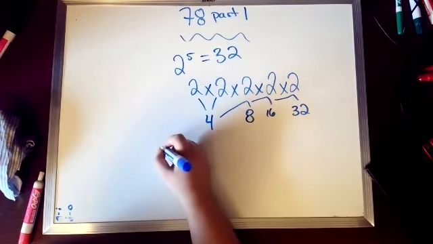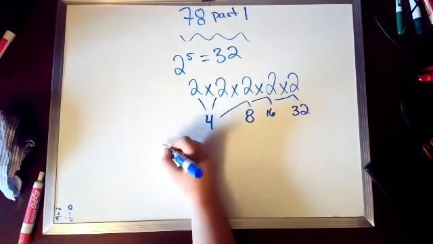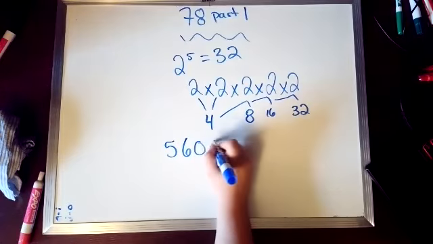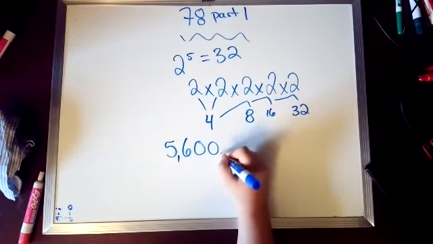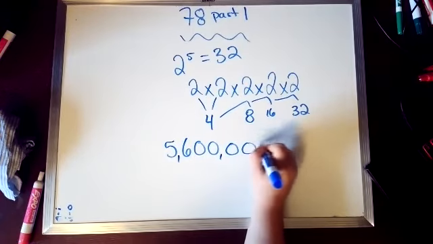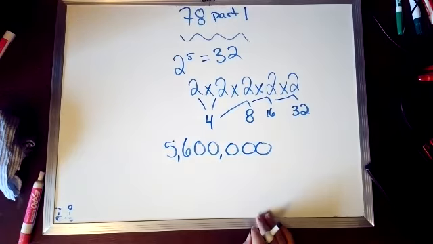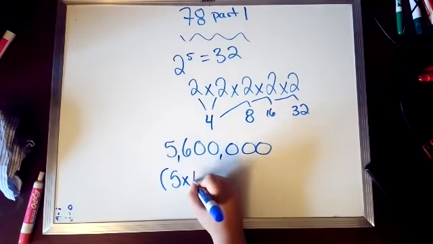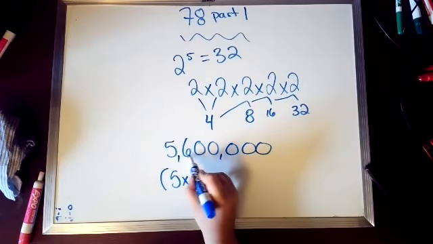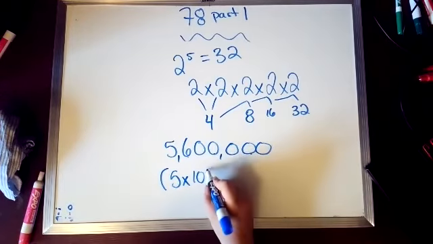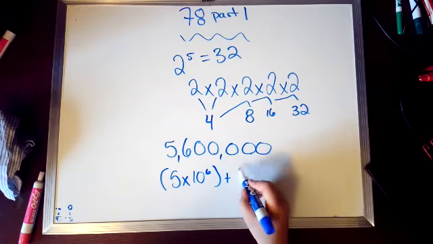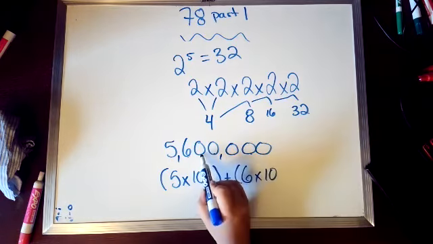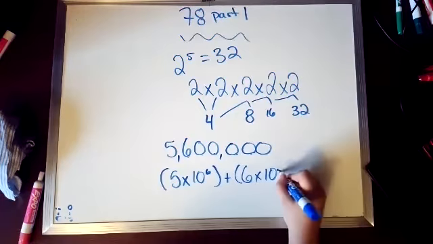Okay, and for expanded notation, if I was looking at the number 5,600,000, I would be writing 5 times 10 to the power of 6, and 6 times 10 to the power of 5.